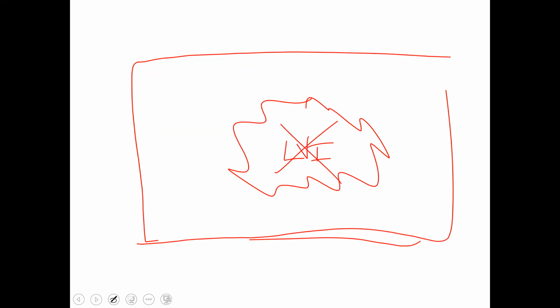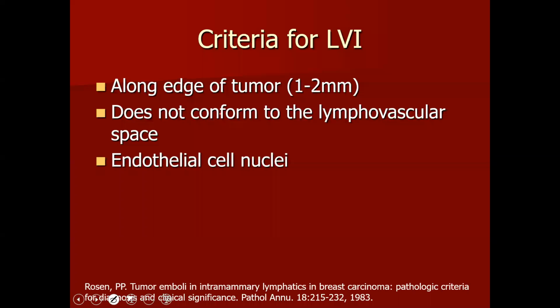You don't look for it there because there you're just going to find retraction and get confused. So I don't call LVI if I see it in the middle of the tumor bed unless it's really slapping me in the face. But where you do look for it is out here, like 1 or 2 millimeters outside of the advancing edge of the tumor. That's criteria 1.